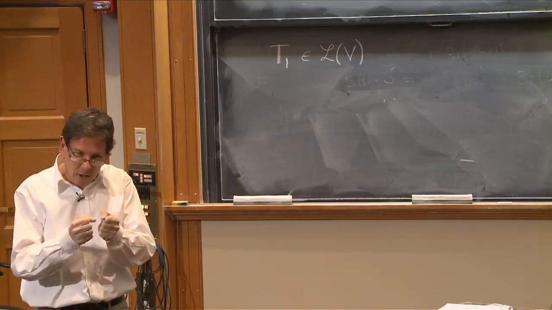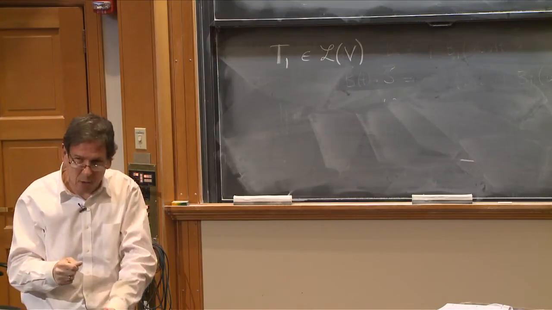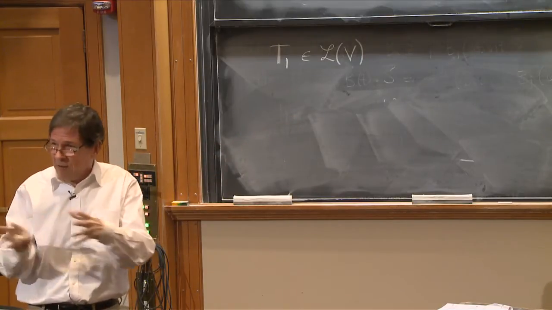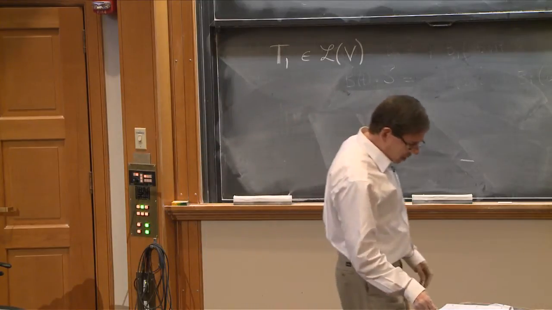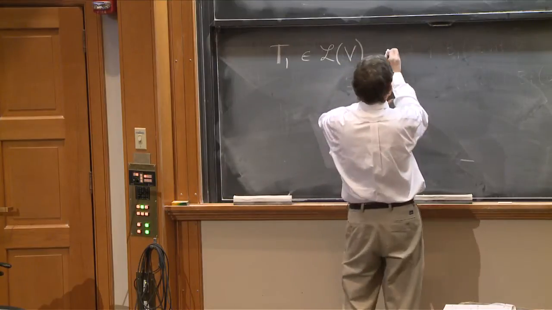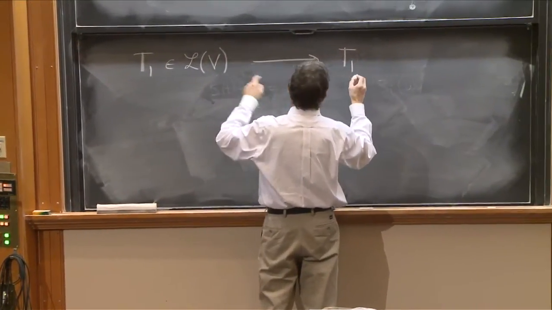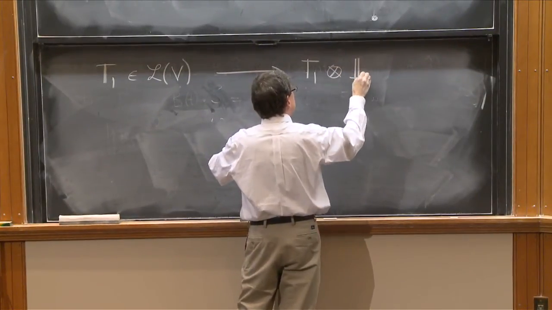So this is what is called upgrading an operator that acts on one vector space to an operator that acts on the whole thing, because you need everything to act now on the tensor product. So what you do is the following. You let the operator become T1 that acts on V, and you put a tensor product with the identity operator.